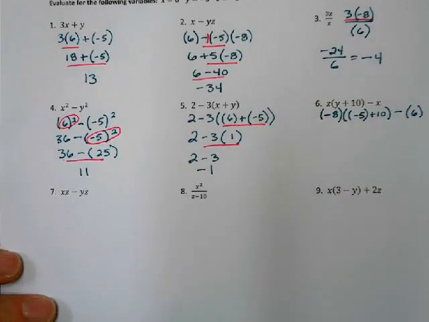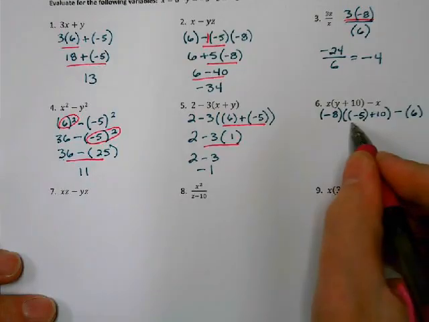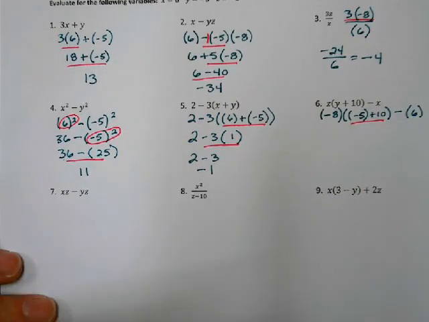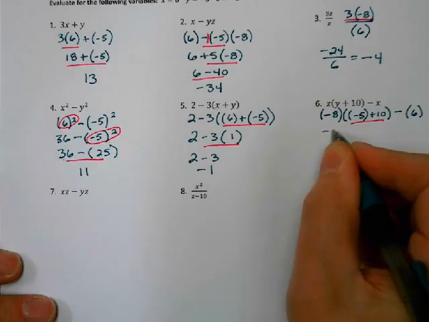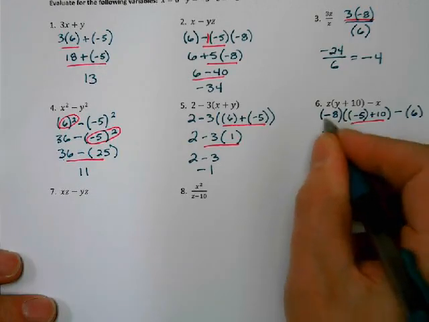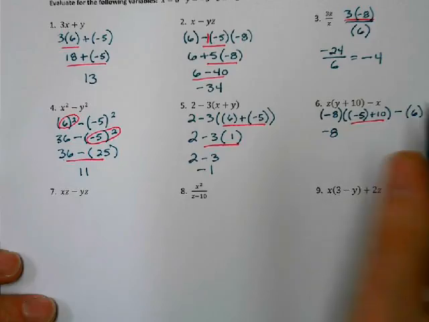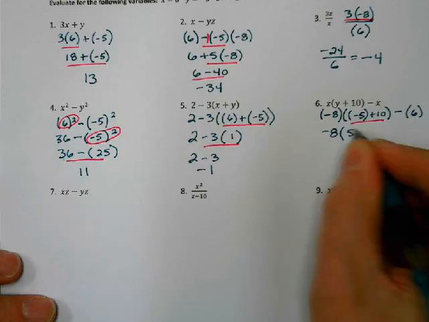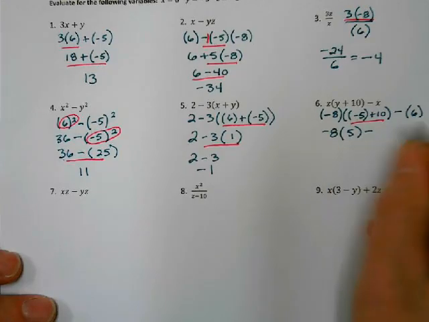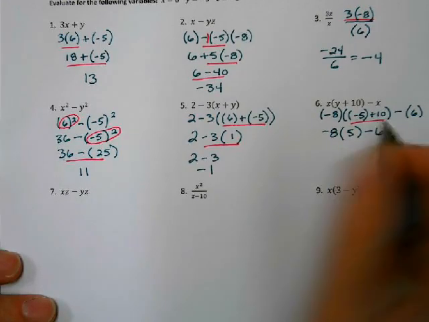All right, order of operations, parentheses first. So that leaves me with a negative 8 on the outside. I'm going to drop the parenthesis because it's not really doing anything right now. Negative 5 plus 10 is 5. I'm going to drop that parenthesis because it's not doing anything right now.